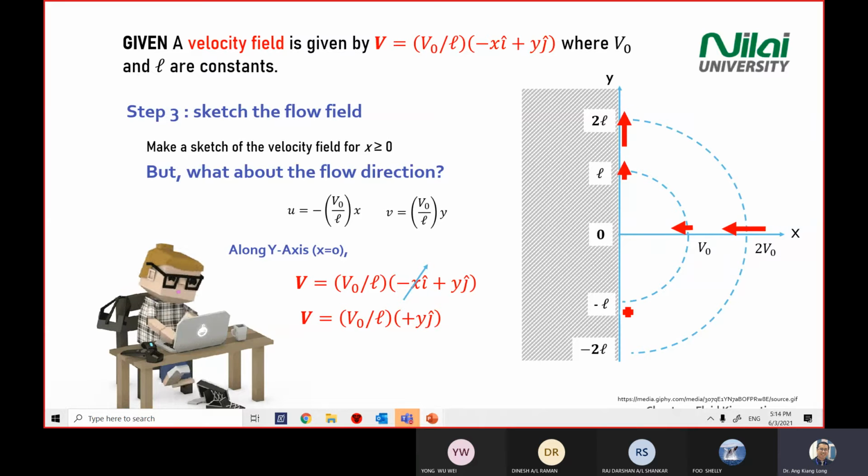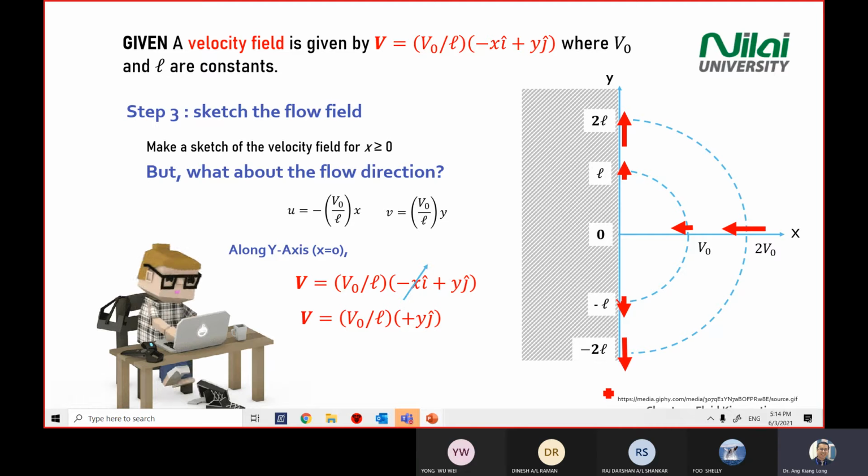What happened to the other side? On the other side, your y value in this location is minus L. So minus L, j, you'll get a going down direction. That's why you get a going down direction. And same with minus 2L here. You'll get a larger arrow, but going down, not going up.